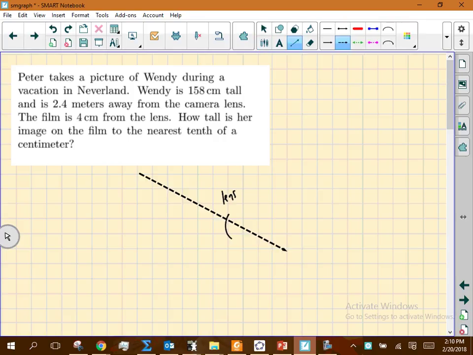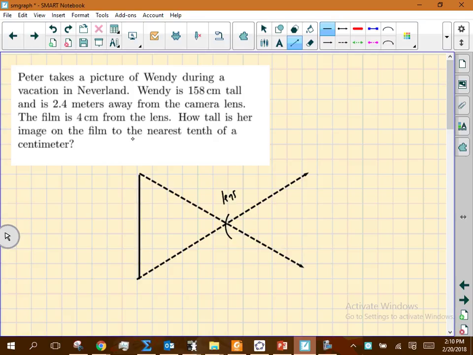Light is going to be coming through that lens, kind of in that nature. Over here, these rays of light are basically allowing us to see the actual person. Wendy is going to be over here, and Wendy is 158 centimeters tall.